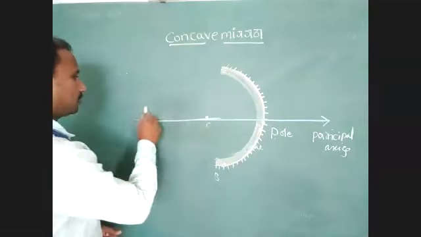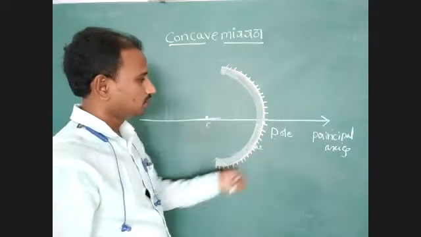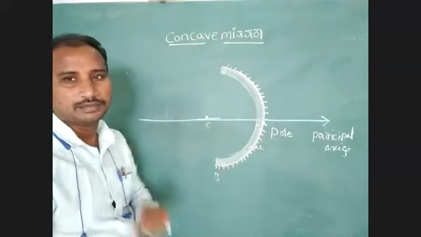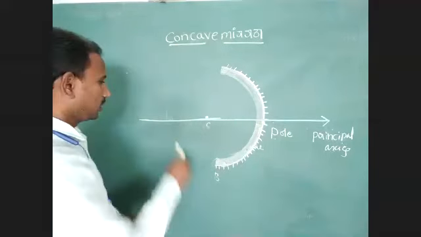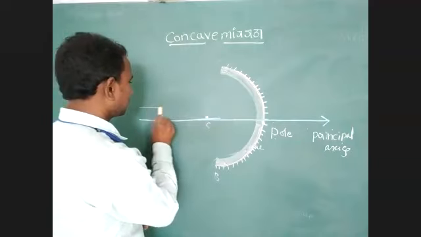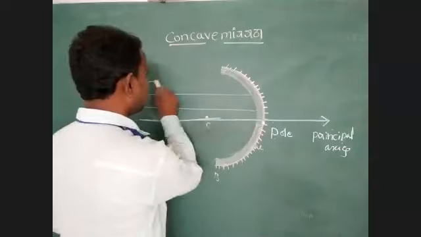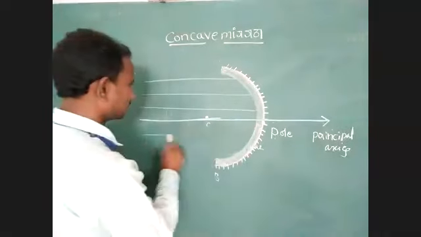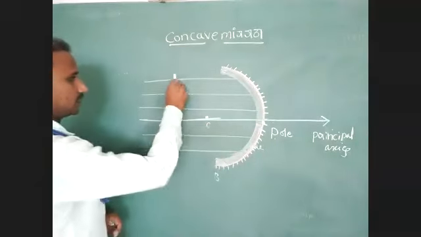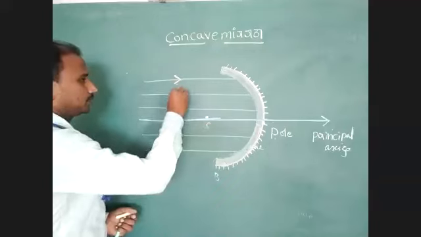So the incident parallel beam of light rays, whenever it reaches our earth, appears as a parallel beam of light rays. These light rays are called incident parallel beam of light rays.